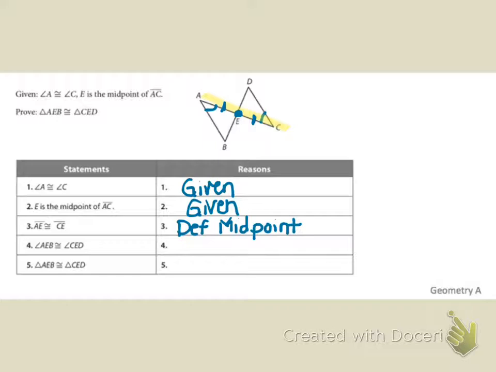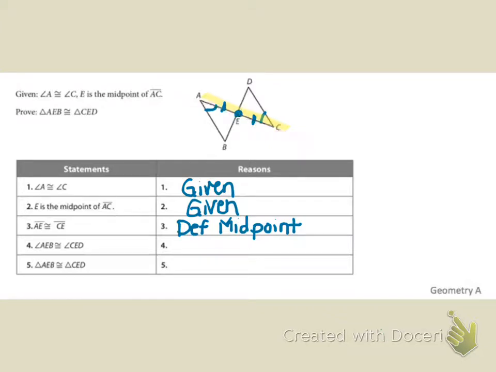Remember, we need 3. So that next line says that angle AEB, let's see, that's this angle right there, and then this angle right here, they say those are congruent. Well, think about what kind of angles those are. If you can imagine these segments extending out like this, those are vertical angles, right?